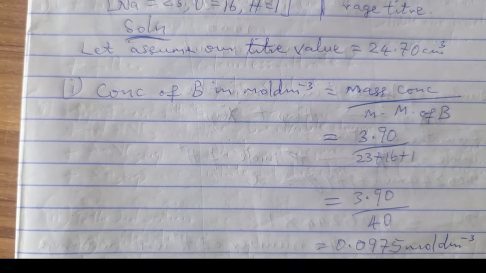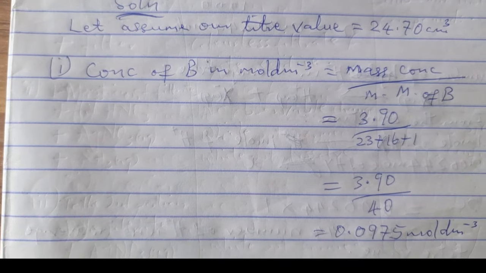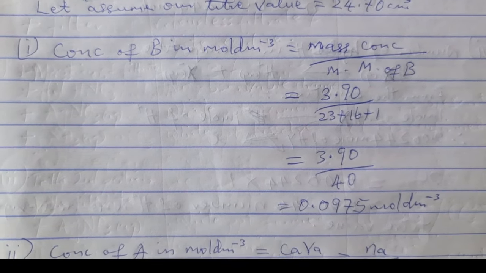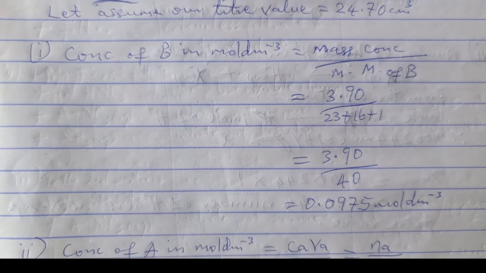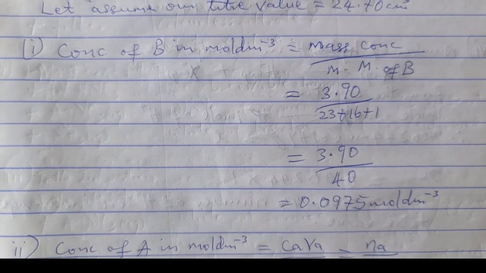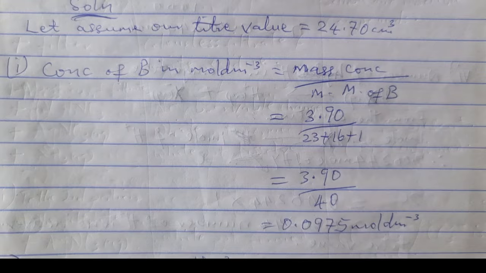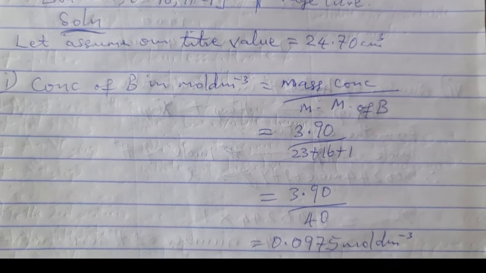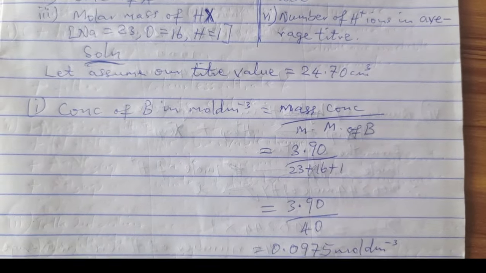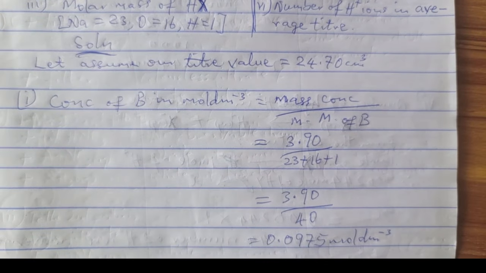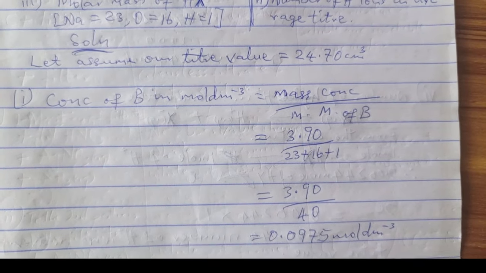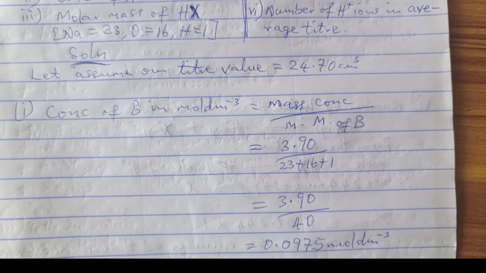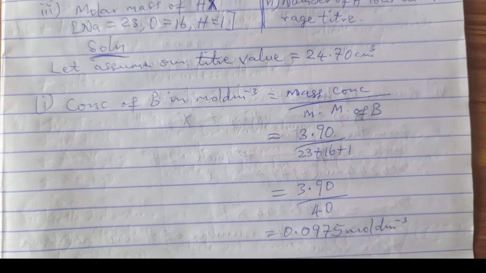Now, they were asking you to calculate the concentration of B in mole per dm cube. The formula for that is mass concentration all over molar mass of B. Since we are dealing with B, the mass concentration they have given you in the question is 3.9.